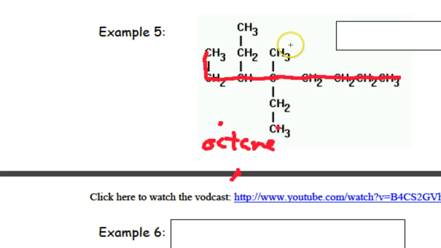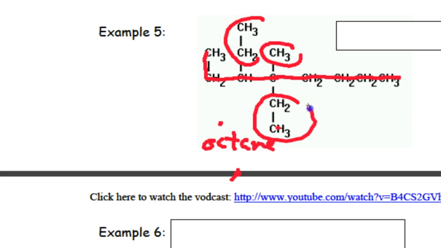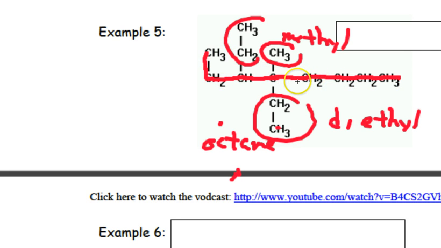Now I have 3 branches. I have a methyl, and I have 2 ethyl groups. So the methyl group is easy. I have 2 ethyls, and remember, if you have more than one of the same, you have to put a di in front if it's 2 of them. So that's diethyl. How do I number them? Obviously, I don't want to number them in this direction because that's going to give me much bigger numbers than if I numbered them in this direction.